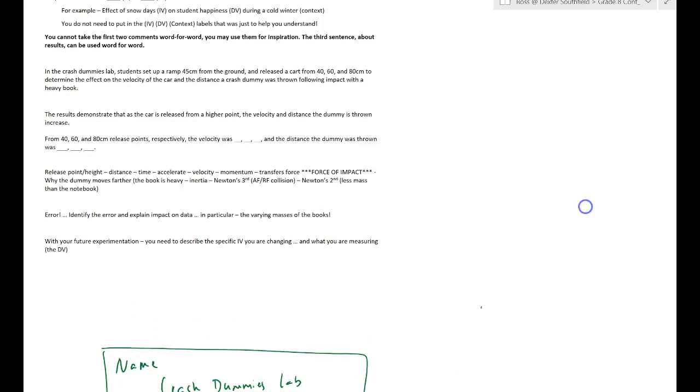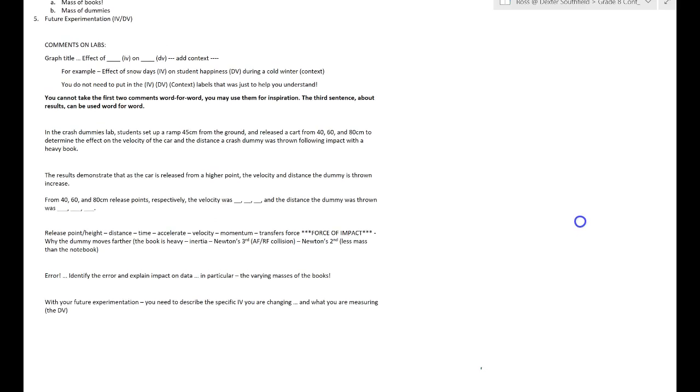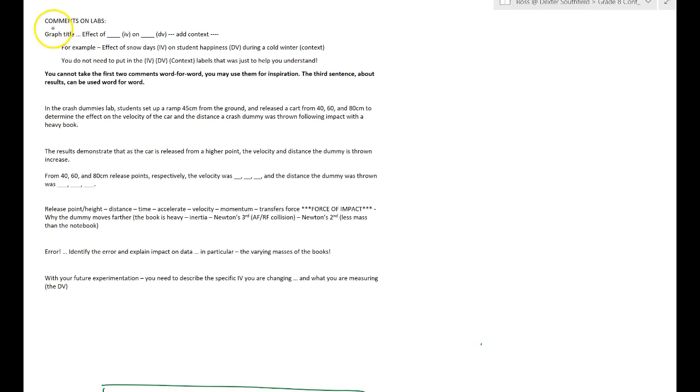So to get into the discussion section here, quickly let's talk about the graph title. The easiest and probably best way of creating a graph title is to say the effect of whatever the independent variable is on the dependent variable, and then adding some context. So, for an example, the effect of snow days, independent variable, on student happiness during a cold winter.